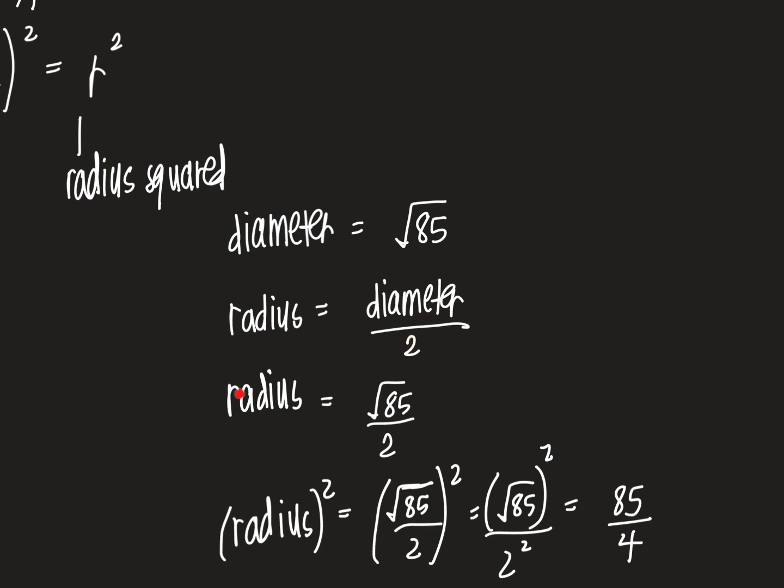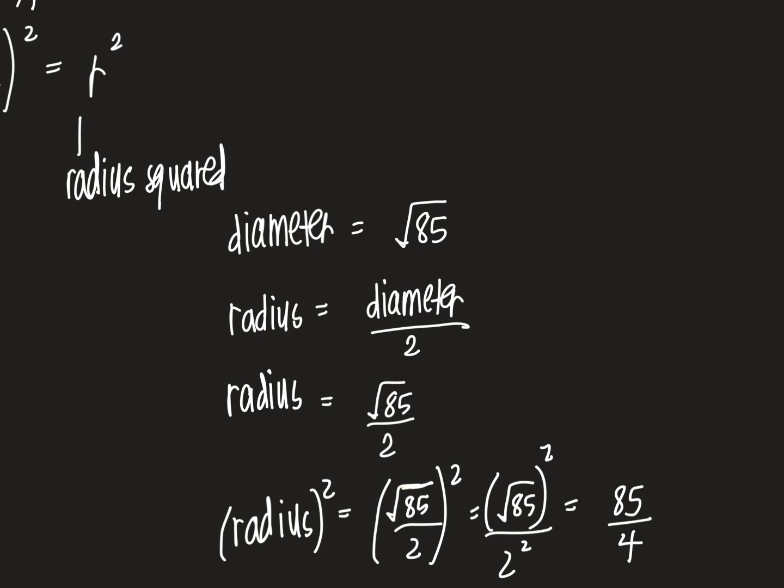So since I need the radius, I'm going to take the diameter that I have, the square root of 85, and I'm going to divide it by 2. And that's the radius, the square root of 85 divided by 2. But remember, I don't just simply need the radius, I need the radius squared. So go further, and this square root of 85 divided by 2 that we just found, square it.